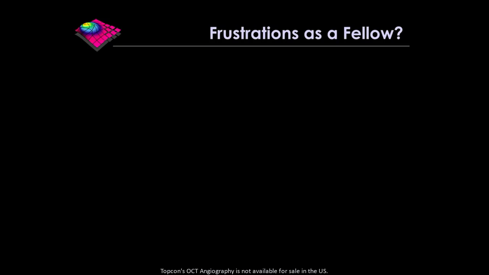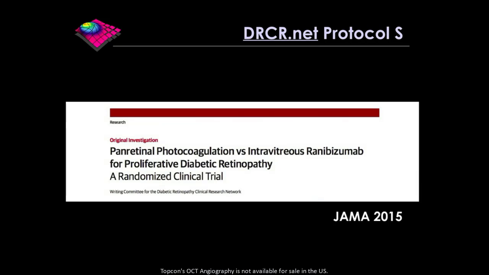And then I was very interested to see the results of studies like DRCR.net, which looked at the use of anti-VEGF agents potentially for the treatment of proliferative diabetic retinopathy.